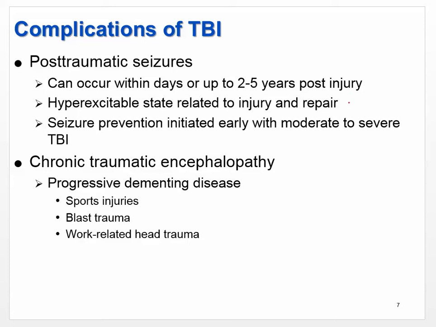So the seizures are a hyperexcitability state related to the injury and repair. So this would be the process of repairing. Maybe you put some neurons in that are causing that.